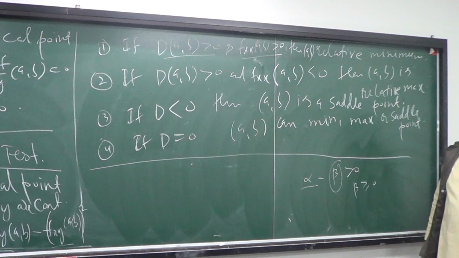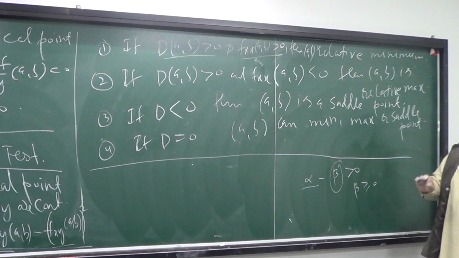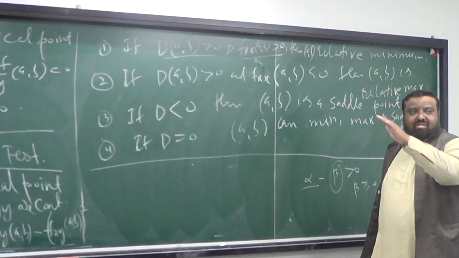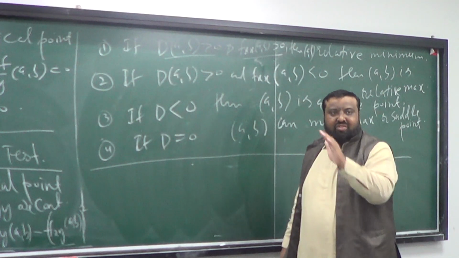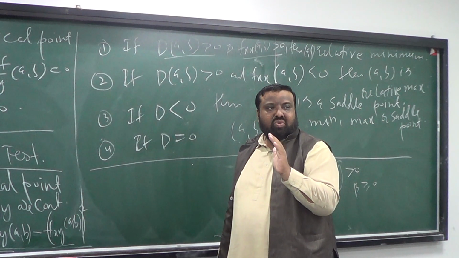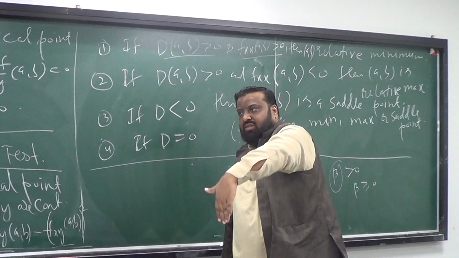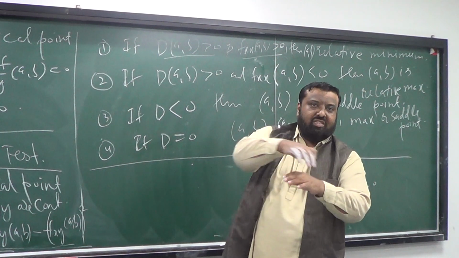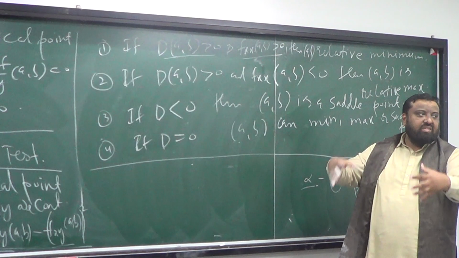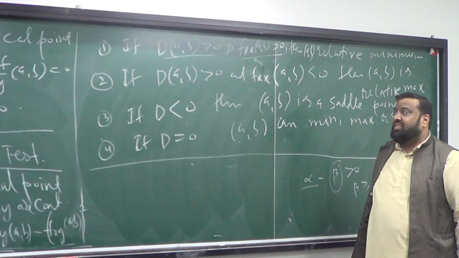So in both cases, what is happening actually? If you are moving along the tangential direction, you are losing the slope actually. In both directions, we are talking about something concave down actually. Is it making sense?